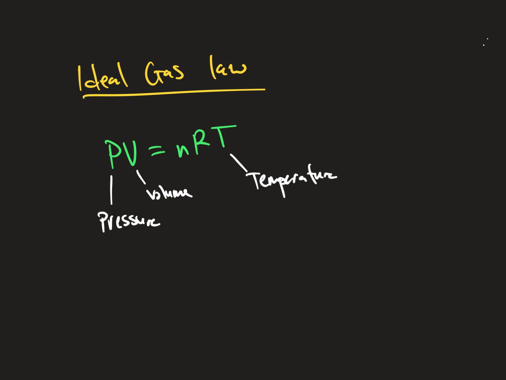Okay. So anyway, n represents the number of moles. And R is the ideal gas law constant, and it depends on a few things, so we'll just say gas constant.